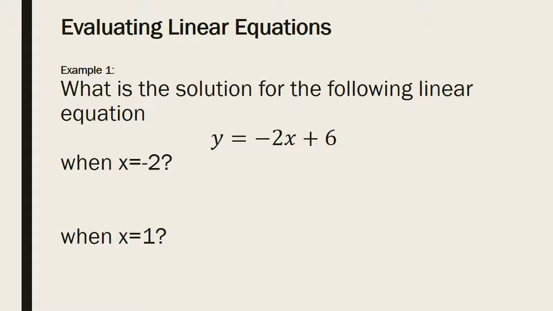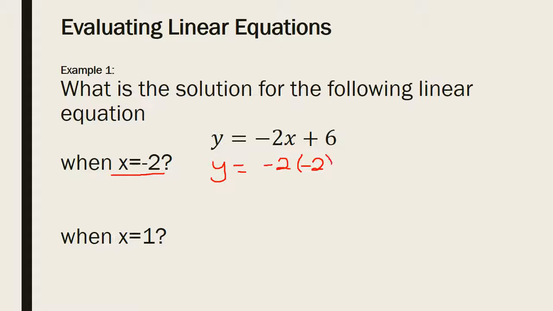So how do we evaluate linear equations? Let's take a look at this example where we have y equals negative 2x plus 6. I'm trying to evaluate this linear equation when x equals negative 2. That means that instead of x in the linear equation, I'm going to substitute the x with negative 2 and evaluate for y.